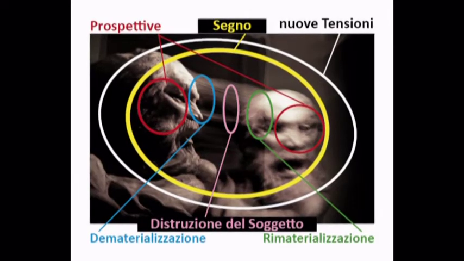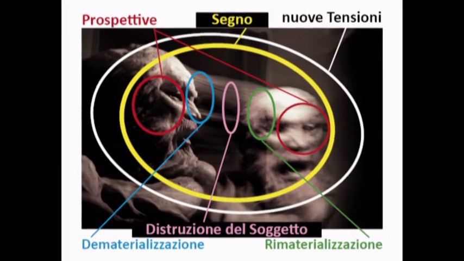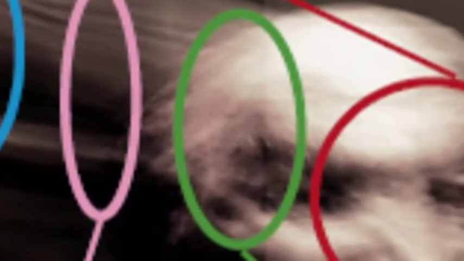Those sections of this image indicated with red circles, which you see, are the first and second perspectives, while the dematerialization is indicated with a blue circle, and the rematerialization is indicated with a green circle.